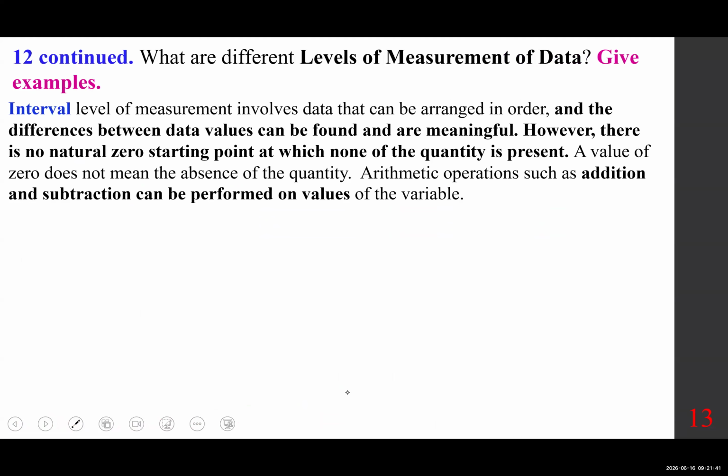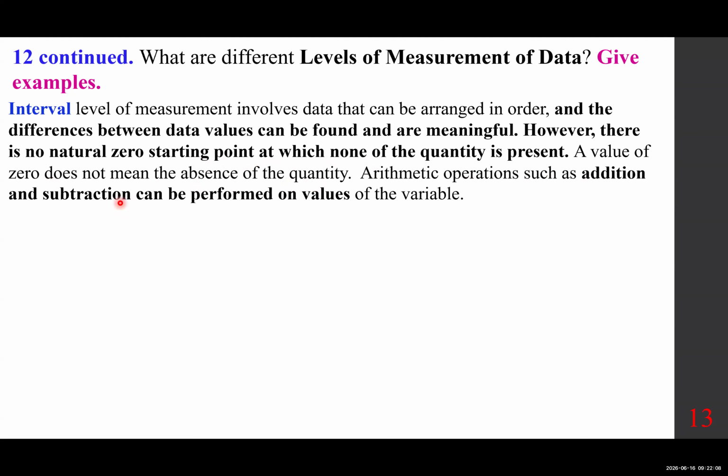Going to continue on that thought. The next one is interval. The interval level of measurement involves data that can be arranged in order, and the differences between data values can be found and are meaningful. However, there is no natural zero starting point at which none of the quantity is present. A value of zero doesn't mean the absence of quantity.